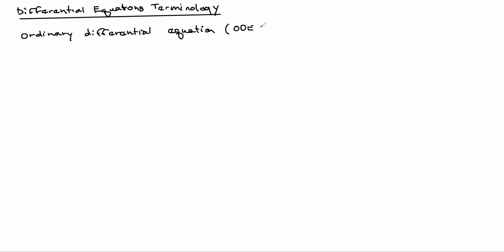An ordinary differential equation, which is sometimes called an ODE, is a differential equation where the unknown function is in terms of one independent variable.